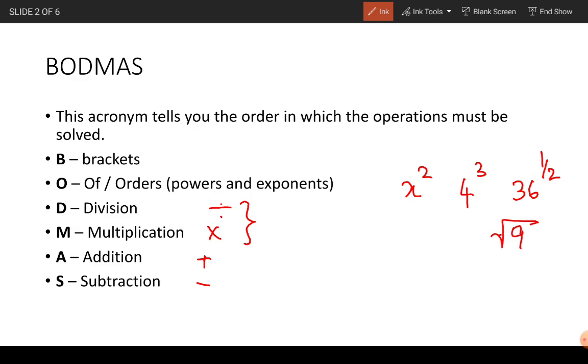If you're doing it simultaneously in the same step, remember to go from left to right. Similarly, some teachers like to say that addition and subtraction can also be solved simultaneously. By simultaneously, I mean in the same step or at the same time. If you choose to do that, again, remember to move from left to right.